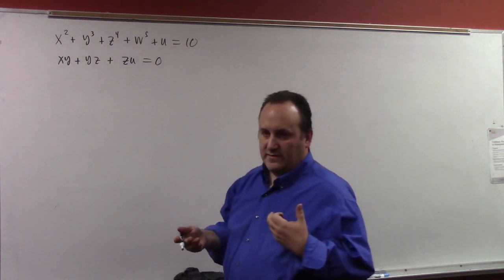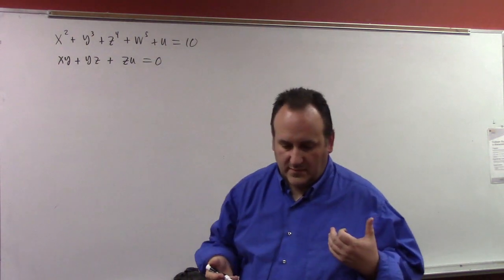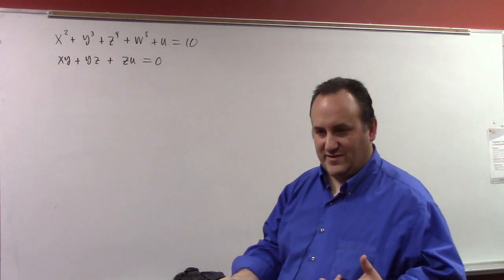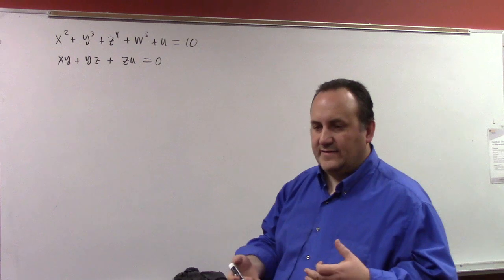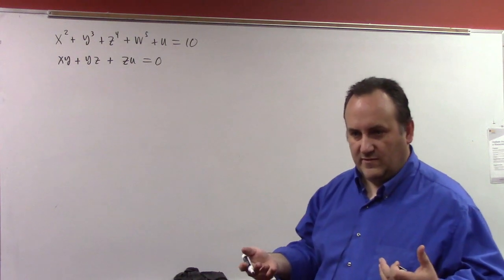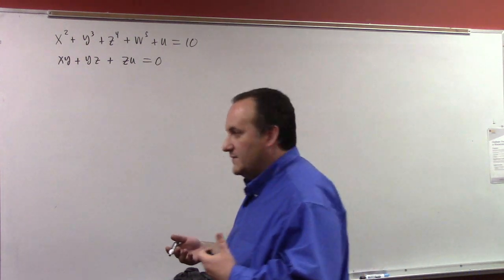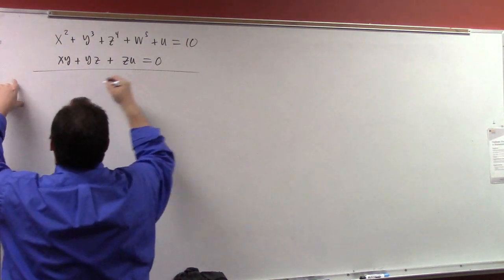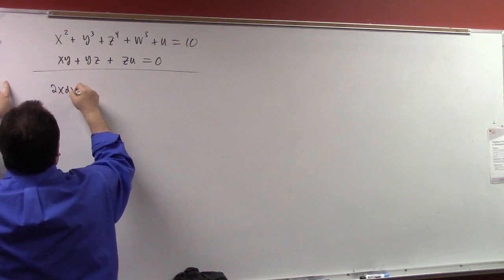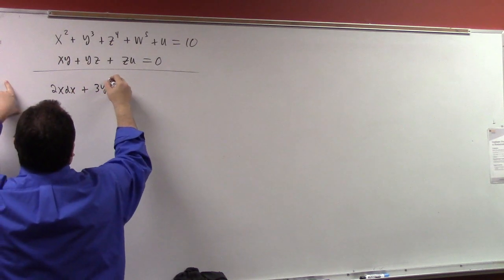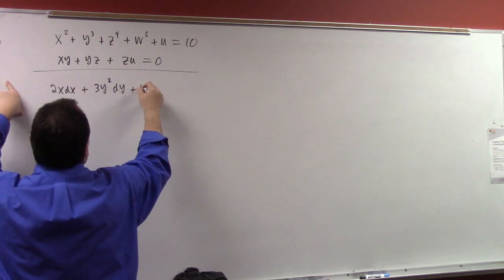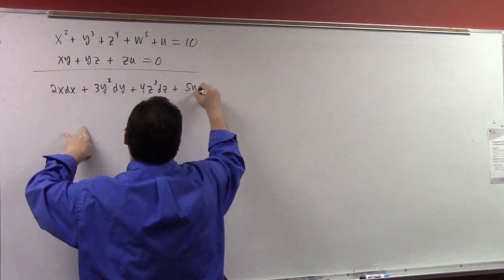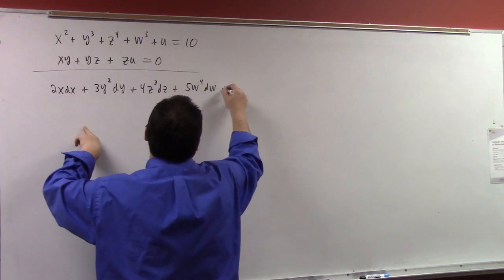So the other method to implement the implicit function theorem is to just take the differential of the equation and try to solve for the differentials that are in question. So like here, if I take the differential, I get 2x dx plus 3y squared dy plus 4z cubed dz plus 5w to the 4th dw plus du.